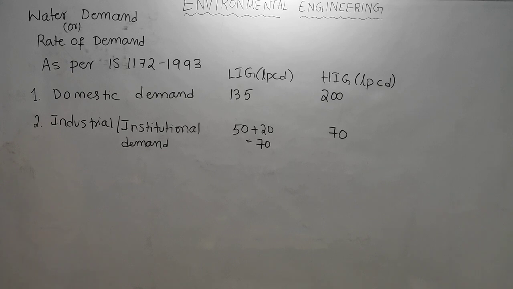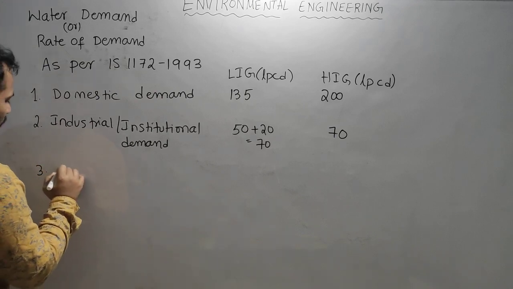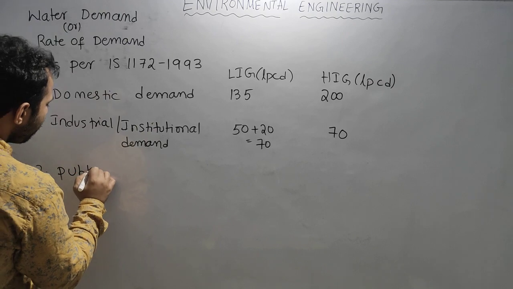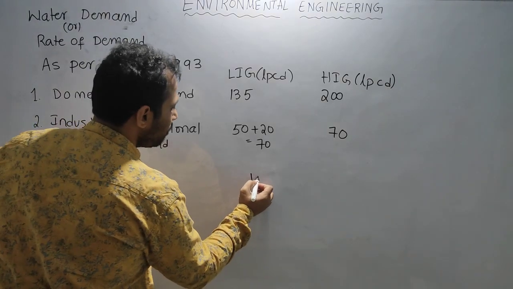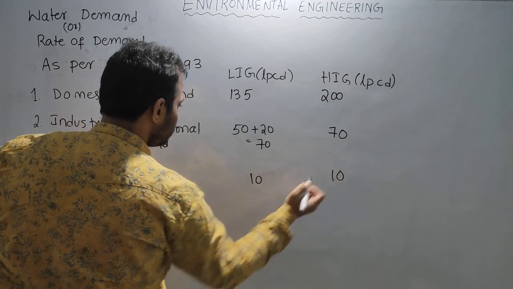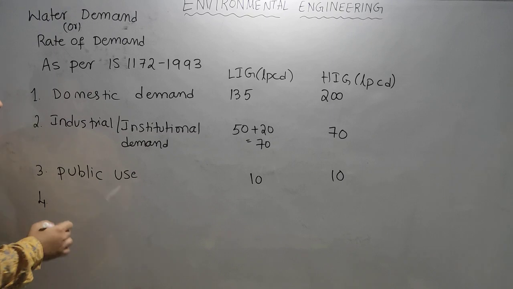Now next is public use, like lawn sprinkling and gardening of public parks. For public use, we keep 10 LPCD for both the income groups, because it is irrespective of those things.